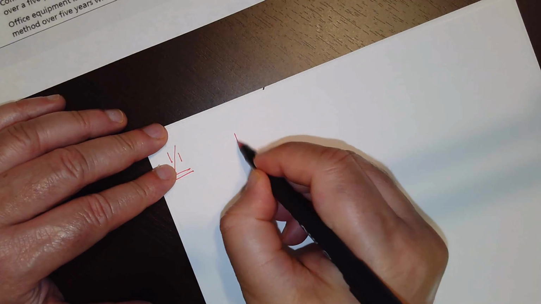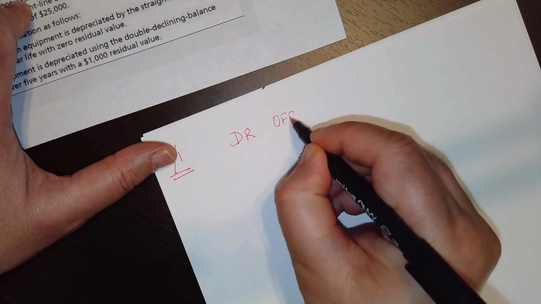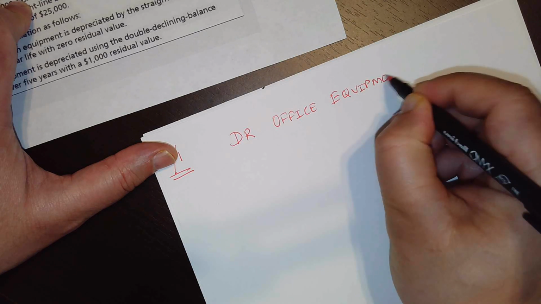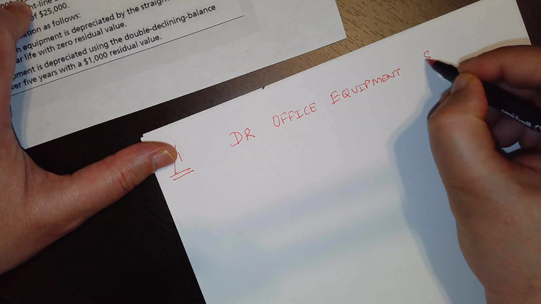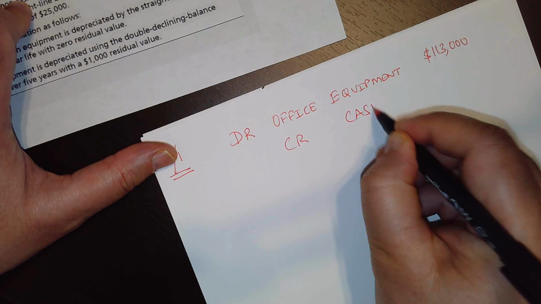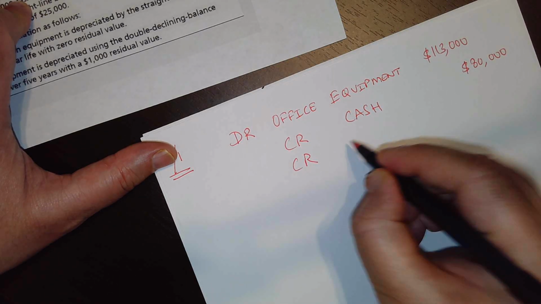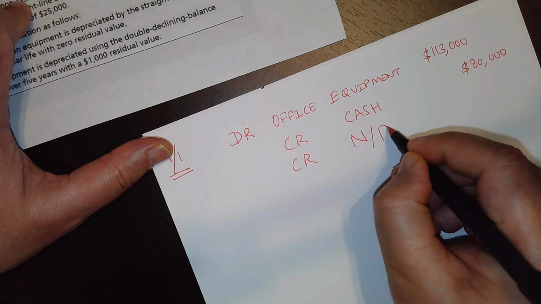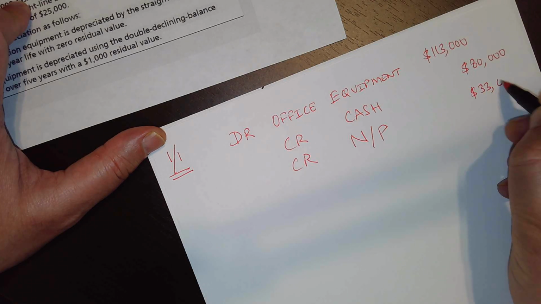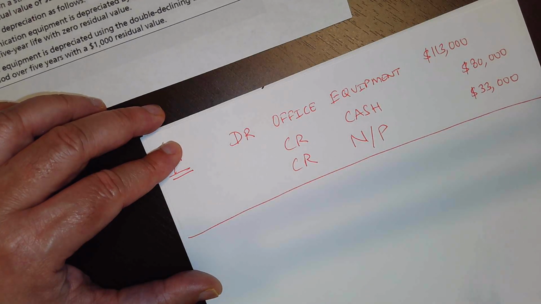We're going to debit office equipment for $113,000, and we're going to credit the cash that we have paid, which is $80,000, and the remaining amount we are financing, so it's going to be notes payable. So $33,000 will be on notes payable. So this is the entry we are going to make on January 1st.